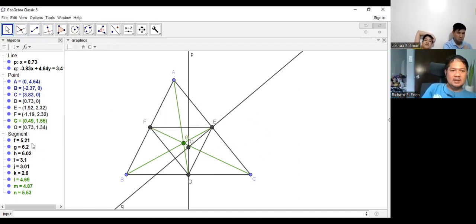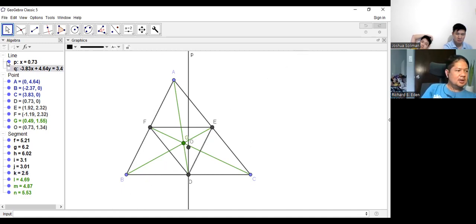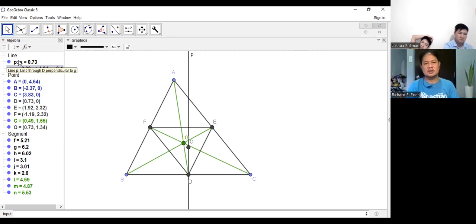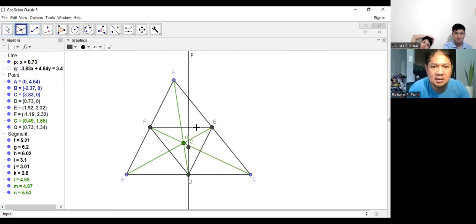Okay. Now, tanggalin ko para hindi makagulo masyado the lines. This one and well, okay. Before I hide that particular perpendicular bisector, let me take this intersection.